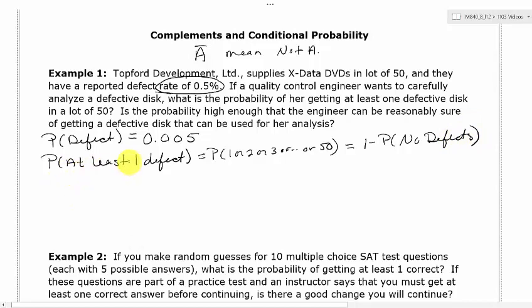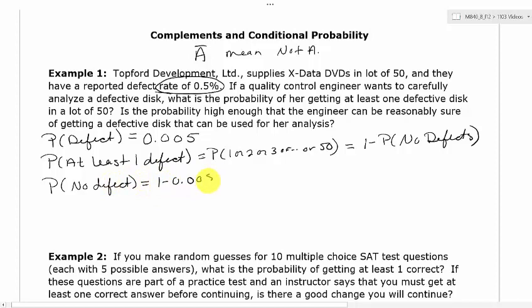The first thing that we need to do here is calculate the probability of a disk not being defective. Since the probability of having a defect is 0.005, not having a defect would be 1 minus 0.005. So that's 0.995.